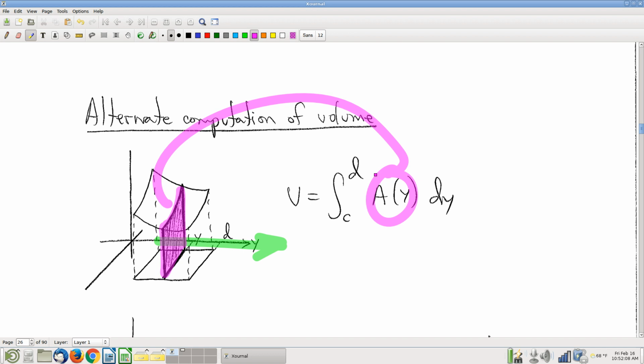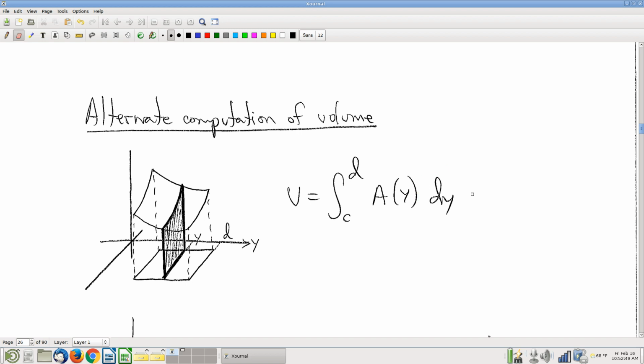But look, if I do cross-sectional area times the thickness of a slice that I might make, right, there's a slice of some sort of thickness that I might make. Area times thickness gives you the volume of that little slice, and I add all those up from c to d, and it gives you the total volume. So just like in a volume of rotation problem, it's just that this is not a volume that happened to come from a rotation.